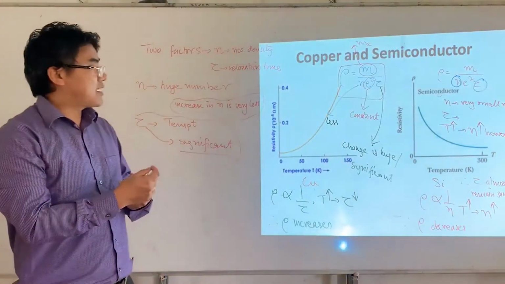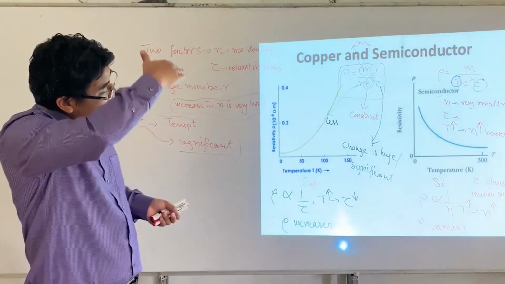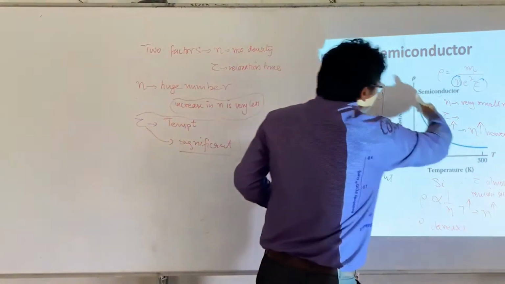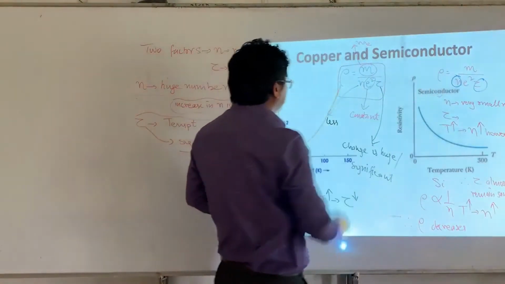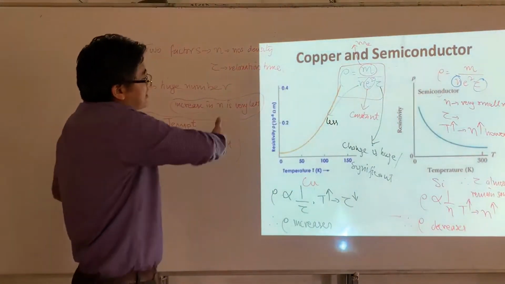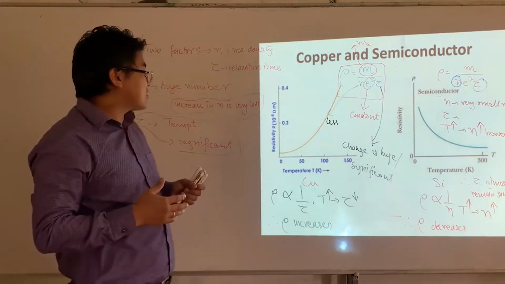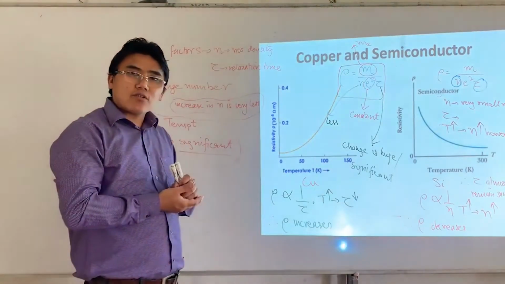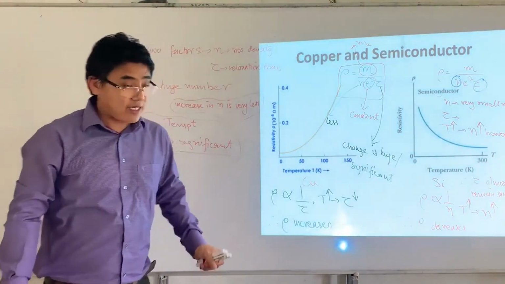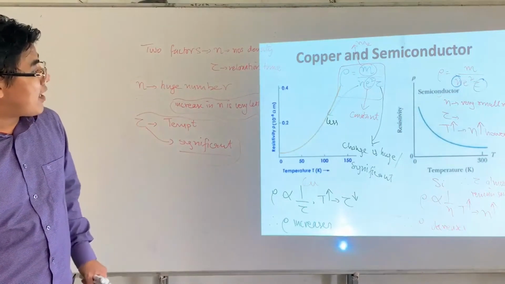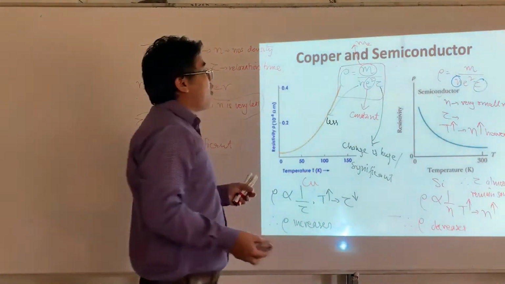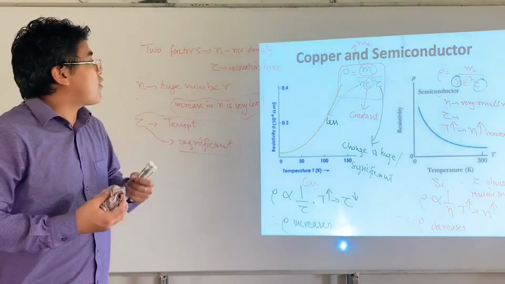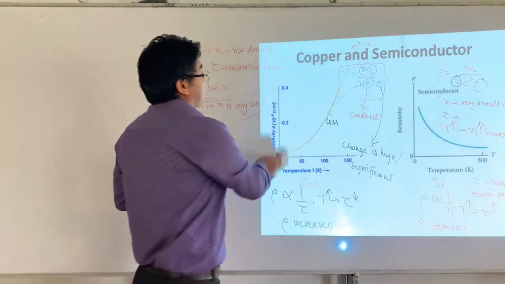So there is an exponential decrease in the resistivity for a semiconductor, and an increase in the resistivity for copper. This is again very important for examination, right? Alright, this is how temperature affects resistivity.